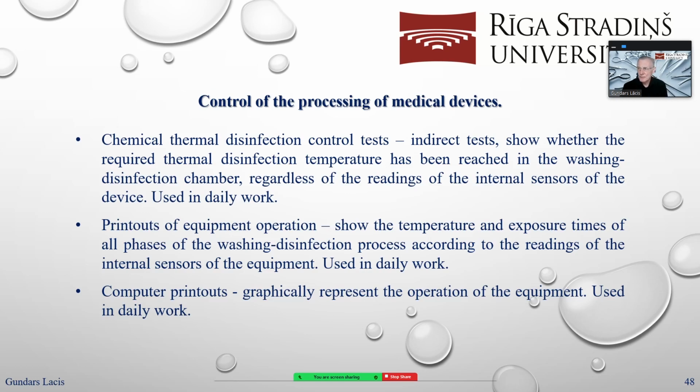Printouts of the machine also show what is happening in the machine, and the same is true of the computer printouts. Machine printouts show this with numbers, computer printouts with graphs. But it's the same. It only shows what the machine thinks about this process, but not in reality what is happening with the microbes or microorganisms on the surface.